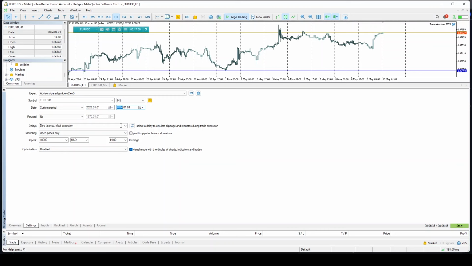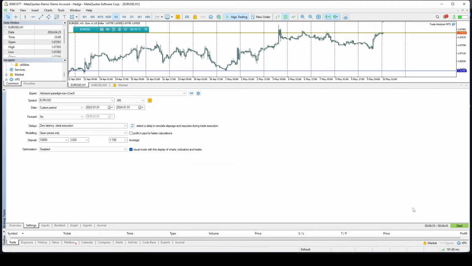So I'm going to make this 2024 0101, from 1st of January 2023 to 1st of January 2024. Let's see what the result is going to look like.